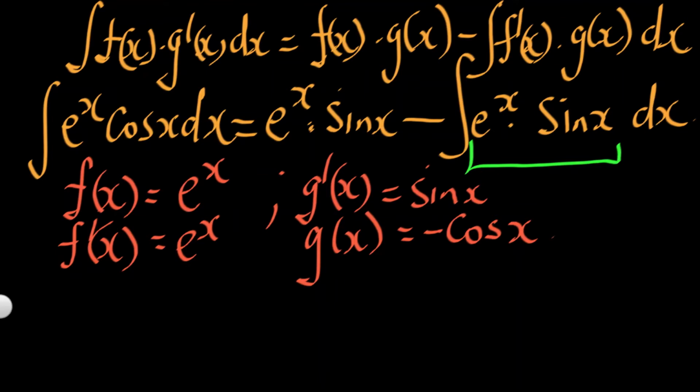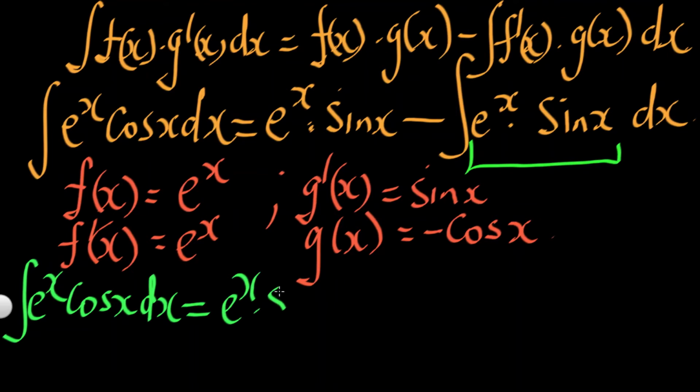Now we have to substitute back into this equation. So we still have the integral of e to the power x cos x dx equal to e to the power x times sine x minus, I'm going to put brackets here, f of x is e to the power x.